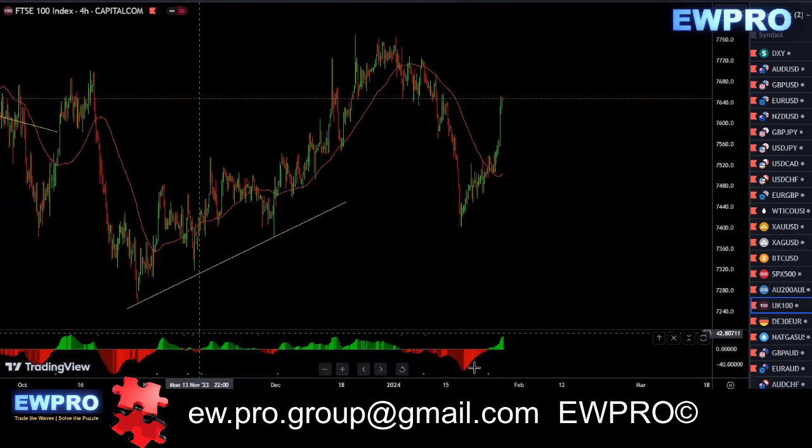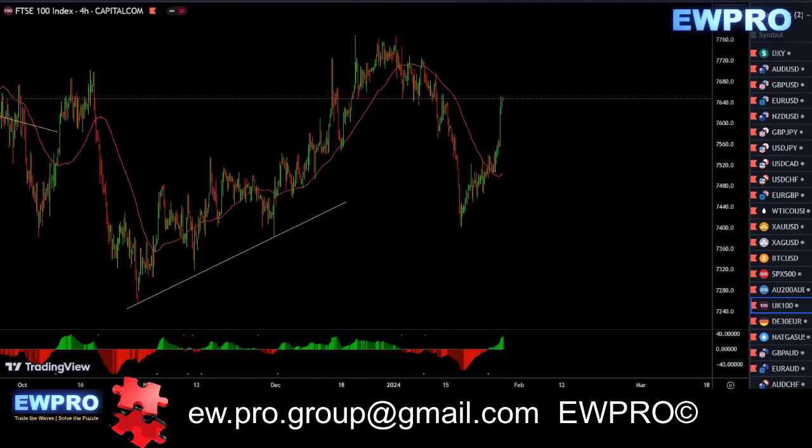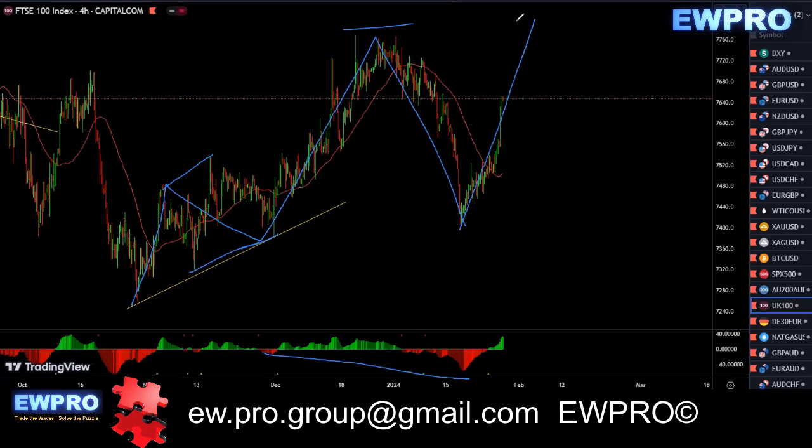You got that possible bull hidden here and that, and it looks like a bull hidden will play out. It's very difficult. We'll be looking at that as a flat, like a WXY, X2 with the bull hidden, and give us a wave Z up to just break that top.